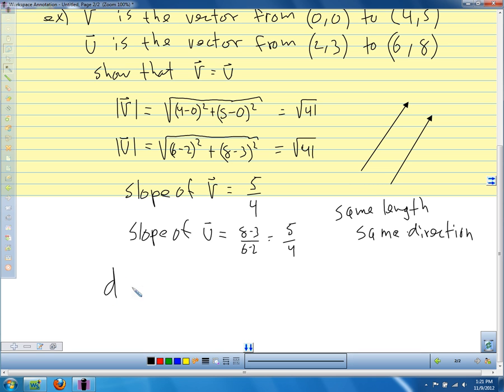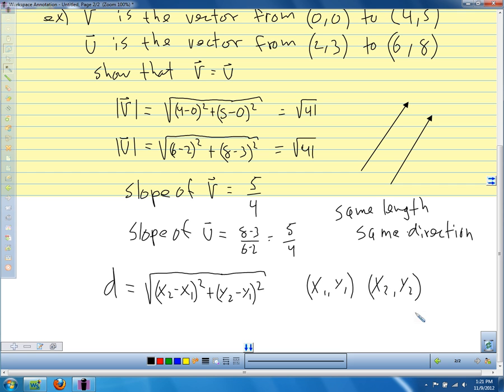The distance between two points is the square root of x2 minus x1 squared plus y2 minus y1 squared, for points (x1, y1) and (x2, y2). So that's the distance formula between two points, and it comes from the Pythagorean theorem.